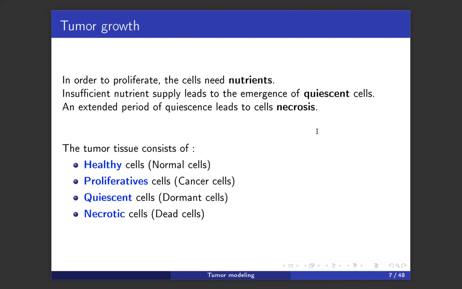The tumor tissue consists of healthy cells, which are the normal cells, proliferative cells, which are the cancerous cells, the quiescent cells, and the necrotic cells, which are the dead cells.